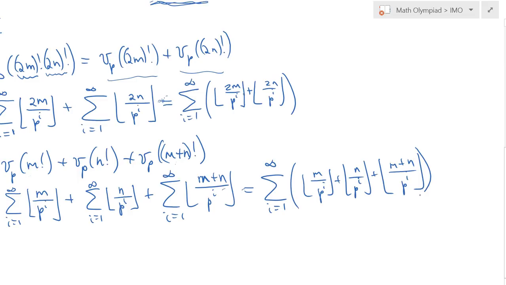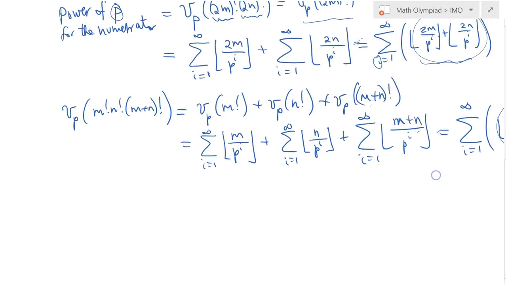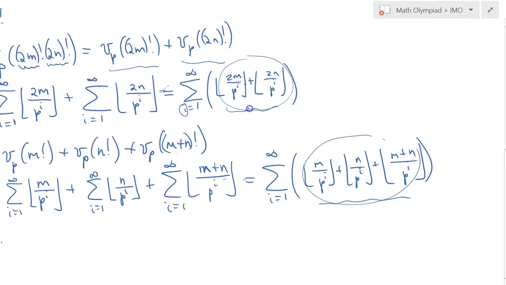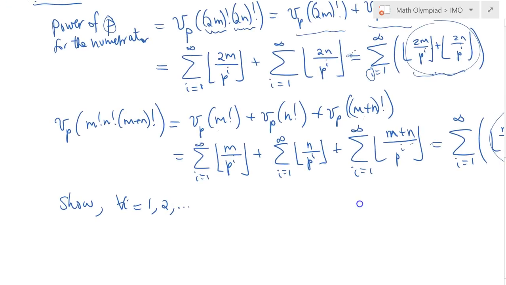And now what I claim is, term by term for all these infinite guys, if for all i I can show that each of these terms is greater than each of these terms, then I'm done, right? So show for all i, actually let's be specific, for all i from 1 to infinity, that the expression inside the bracket for the first one exceeds this one. So let's write that down.